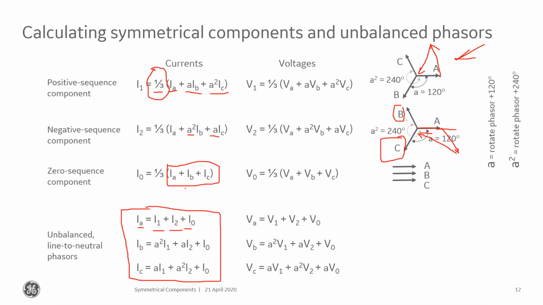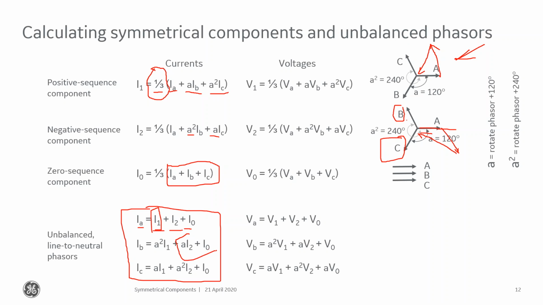So remember that balanced three-phase system that I spoke about earlier. In a balanced three-phase system, I have positive sequence quantities, but no negative sequence quantities and no zero sequence quantities. So if I plug those quantities in and get IA, IB, and IC, they're all going to be equal to that positive sequence quantity, because I2 is 0 and I0 is 0, so we only have I1 here.